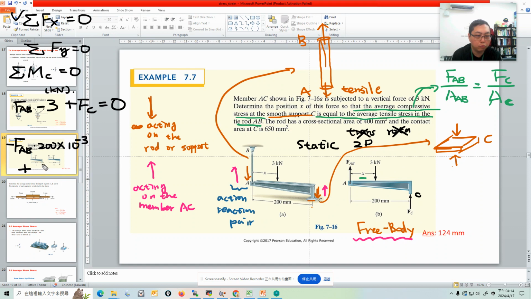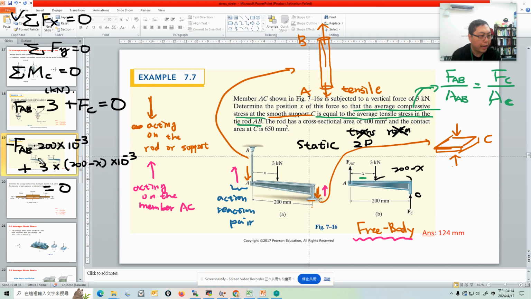So it's plus 3 times the lever arm, which is 200 minus x, times 10 to the power minus 3. FC acts on the reference point, so there's no lever arm. The sum equals 0.